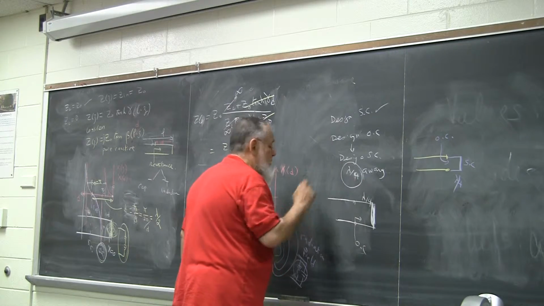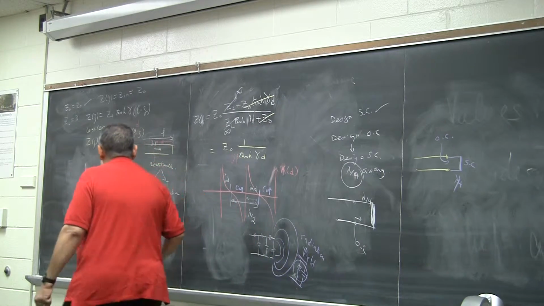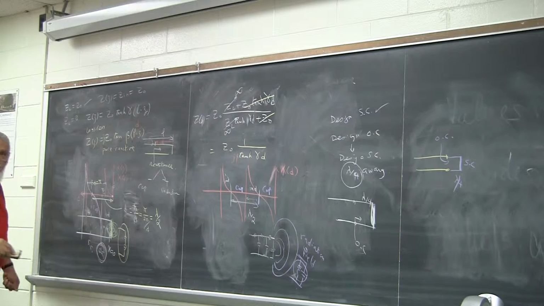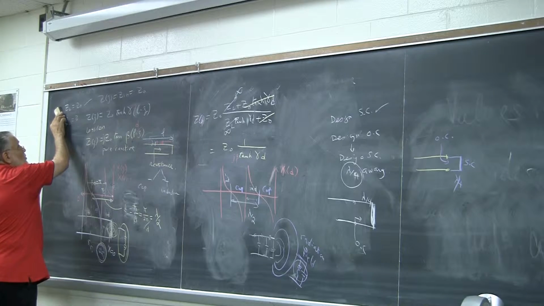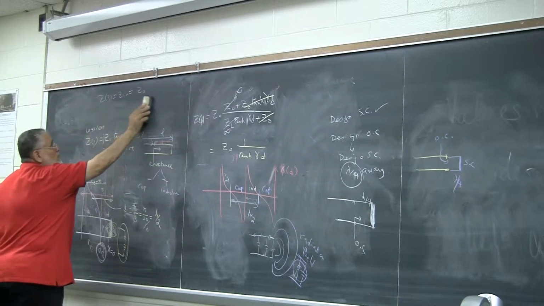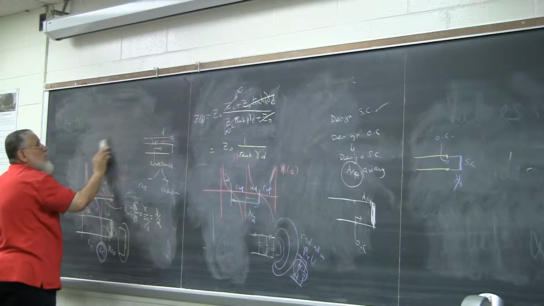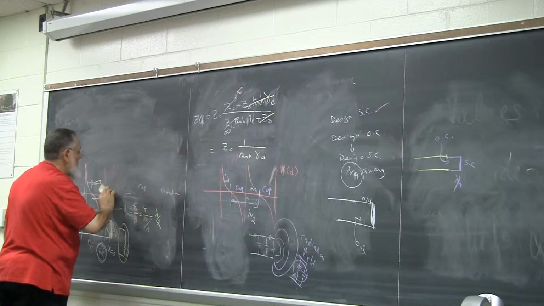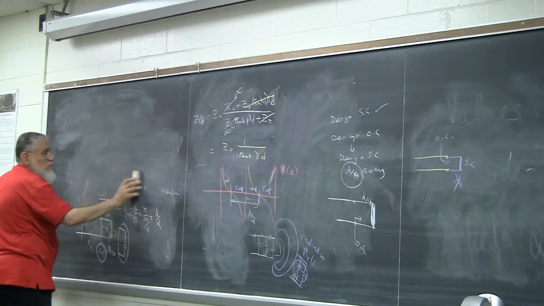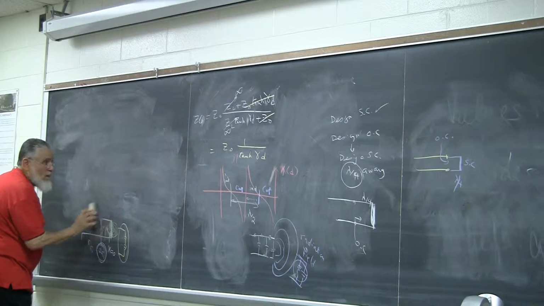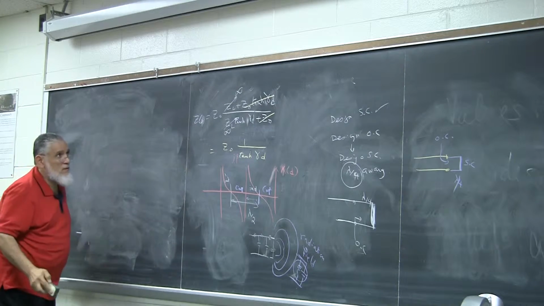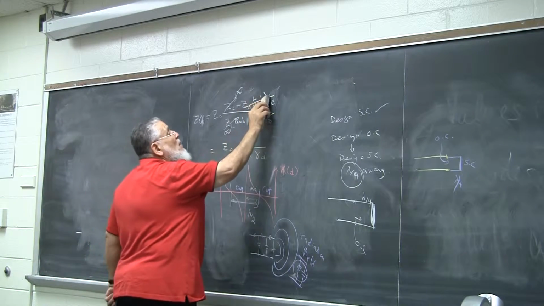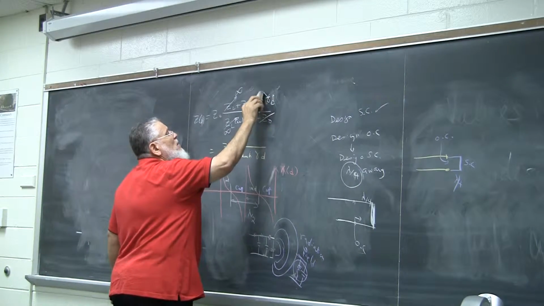This lambda by 4 thing here. So let's talk about the properties of a lambda by 4 section and a lambda by 2 section. These are two special lines that we always like to study. Our expression is still there, and we're talking lossless. Lossless means j beta.